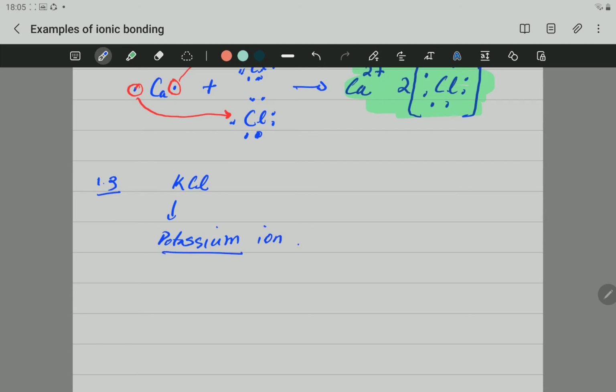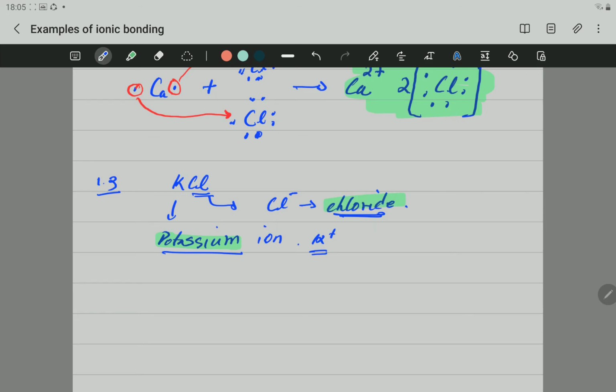It is called potassium. And this Cl here is going to be Cl minus, and it's called chloride. So the name of the compound is a combination of both, potassium chloride.